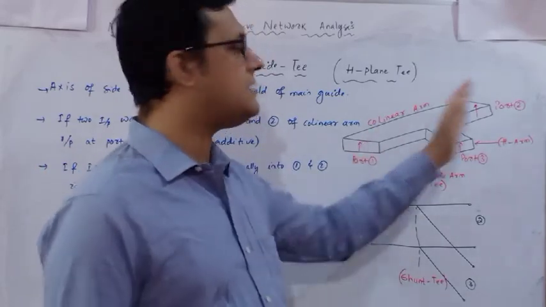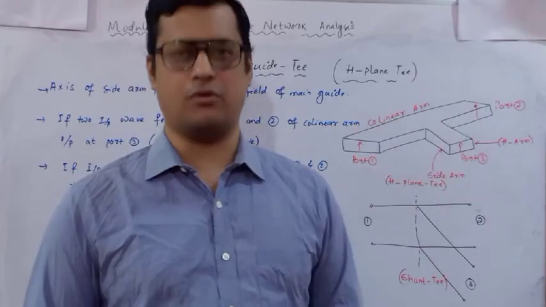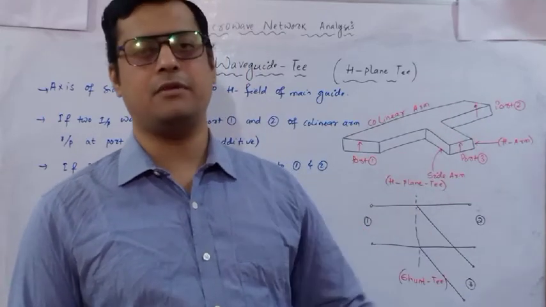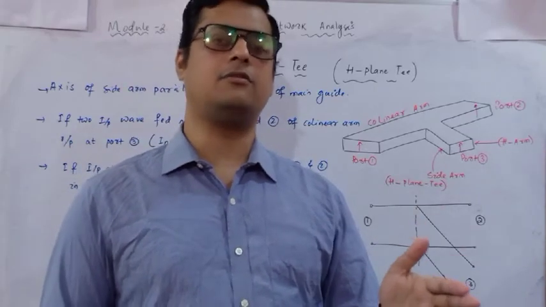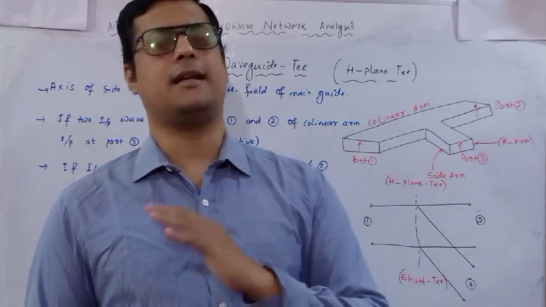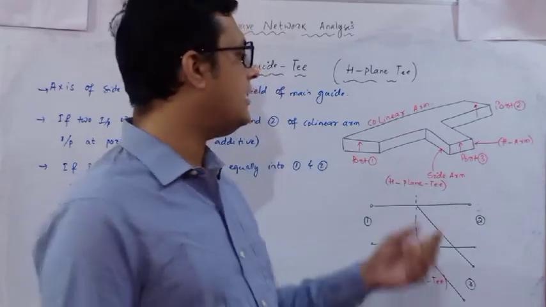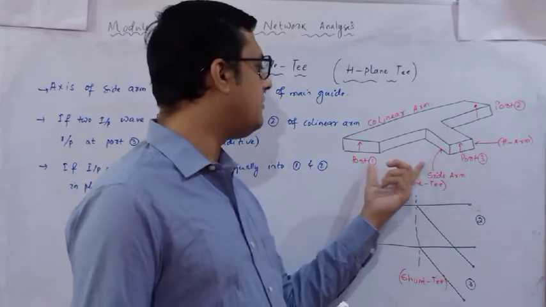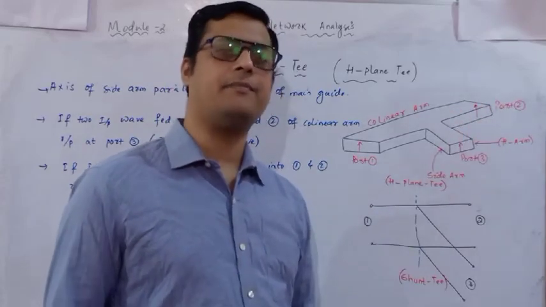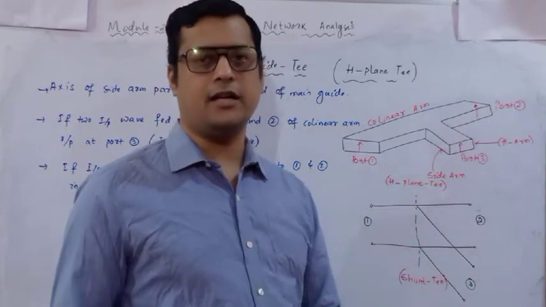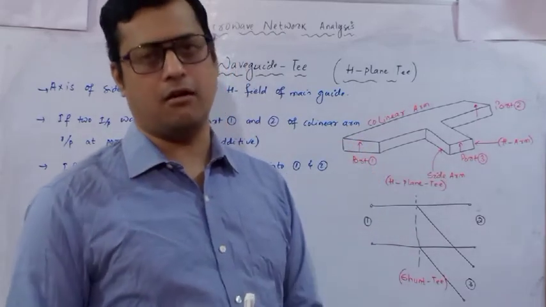Because there is a phase difference between port 1 and port 2. If I identify the relationship between port 1 and port 2, that means S12 is equal to minus S21. Similarly, if I form a relationship between 1 and 3 and between 3 and 2, the power will be equally distributed, and those have the in phase component.